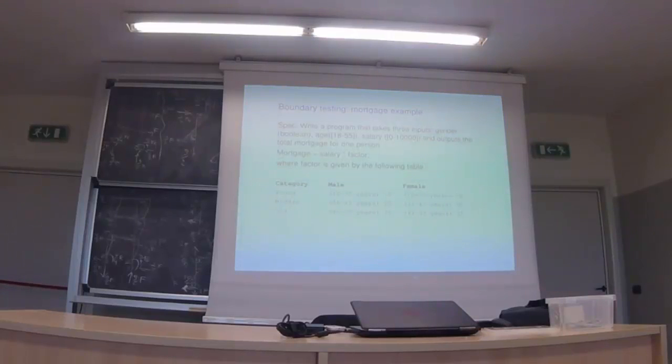The factor is given in this table. The table, as you can see, states that there are three categories: young, middle-aged, old, for male and female people. And these are the possible factors.